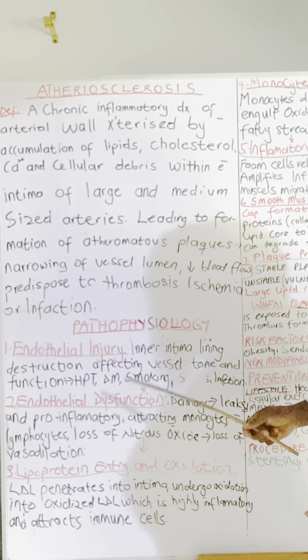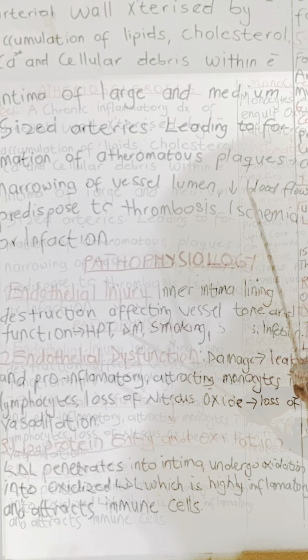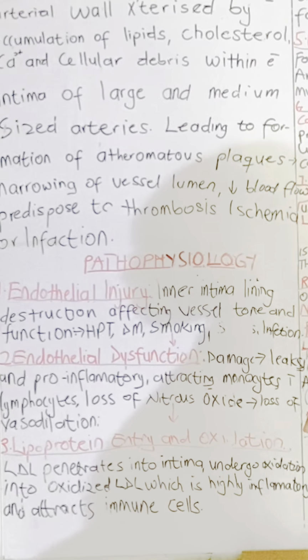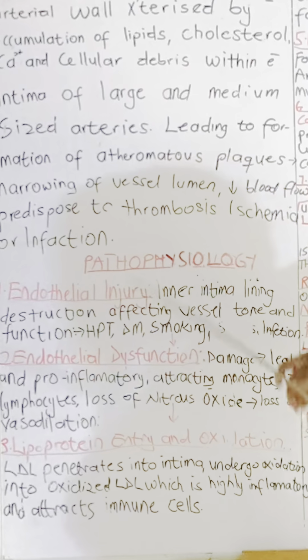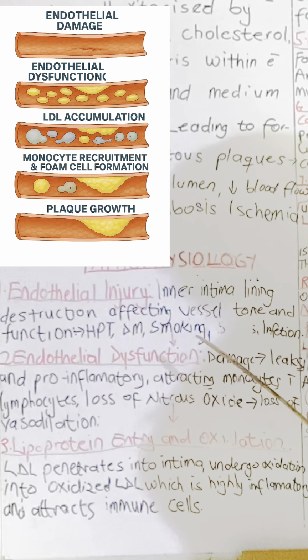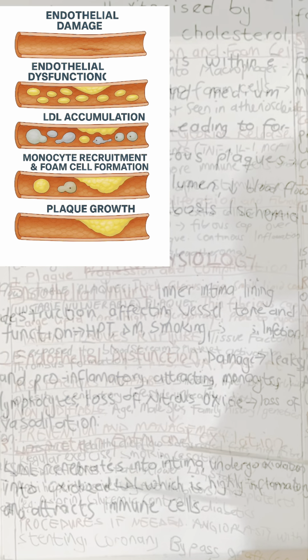pathophysiology of atherosclerosis. Usually, it takes 6 stages. There's going to be endothelial injury. There's going to be endothelial dysfunction. This will lead to lipoprotein entry and then oxidation.